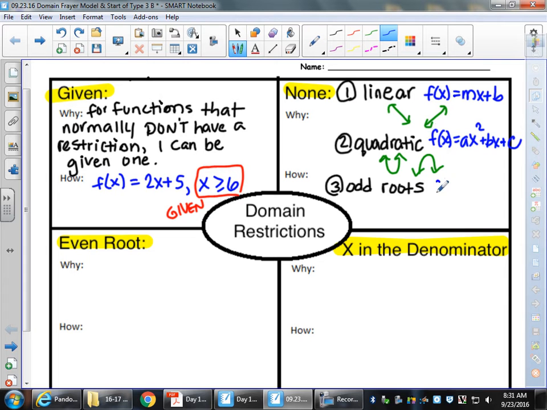And by odd root, we literally mean, give me an example of an odd root. Yeah, a cubic root would be odd. Any odd number here, 3rd root, 5th root, 7th root. That sketch is not as familiar to us, but for the purpose of our diagram, it's like a straight line that's got a bend in it that either starts up and goes down or starts down and goes up.